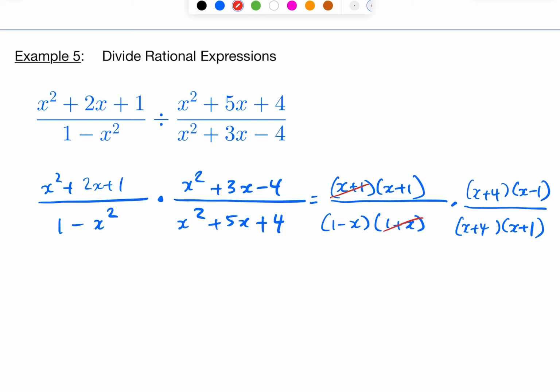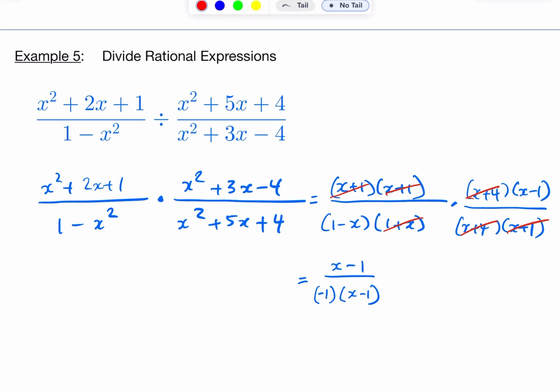Okay, that cancels out. We have another x plus 1 up here and an x plus 1, so we can cancel that out. We have an x plus 4 up here and an x plus 4 down here, so we can cancel that out. Okay, and then lastly, we have an x minus 1 and a 1 minus x. That really comes out to x minus 1 on the numerator, and the denominator we can factor out a -1, and that comes out to x minus 1.